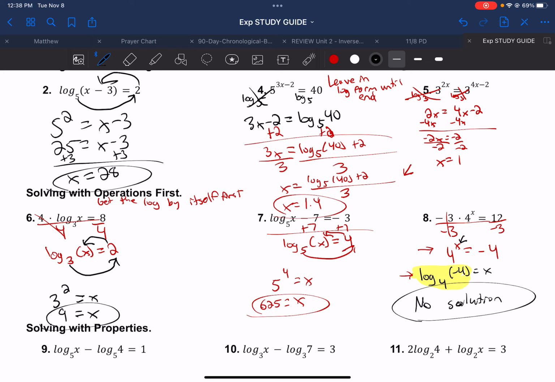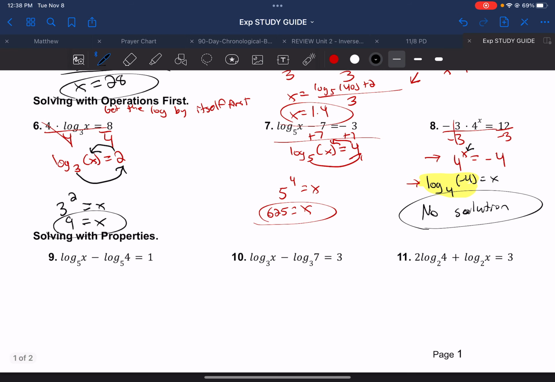Okay, so anytime you know you've done your math right and it gives you an error in your calculator, you have no solution. So then, solving with properties, remember addition becomes multiplication, so multiply. Subtraction becomes division.